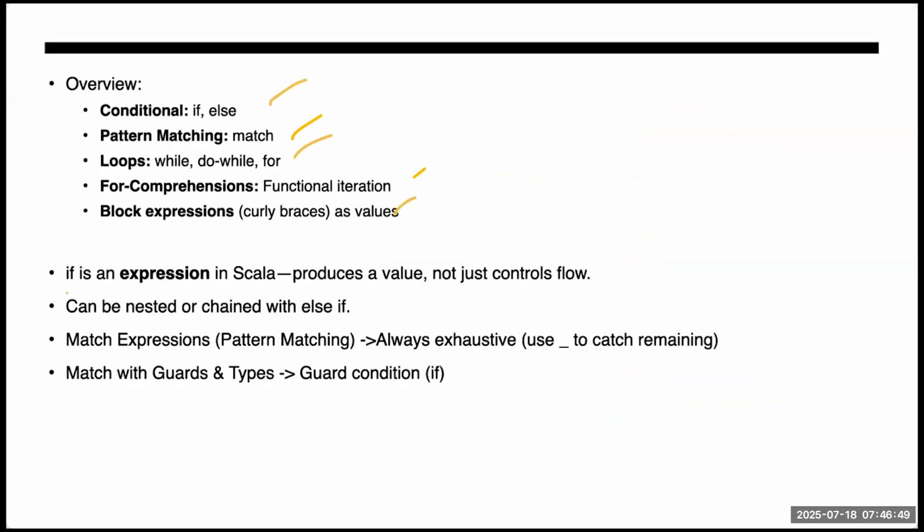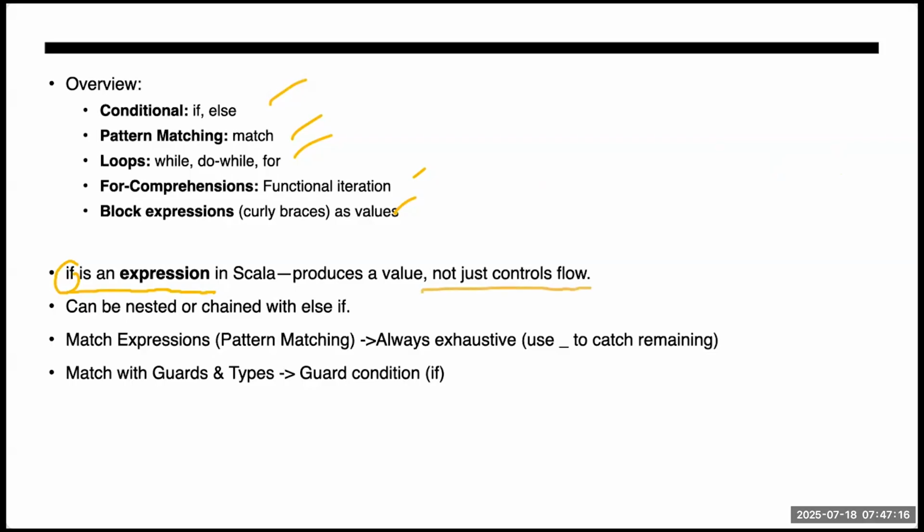And one more thing, here if is an expression. I showed you one example, right, where val abs equals, if x is greater than 0, then return something, else don't. What I mean is that the expression also returns a value.